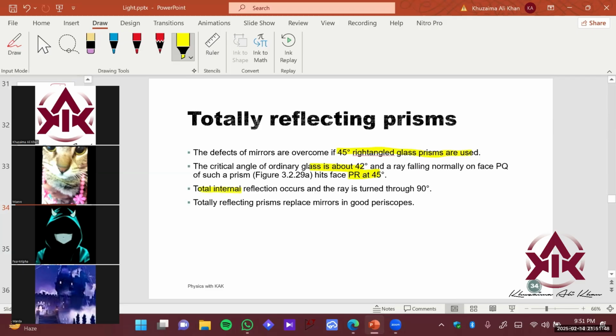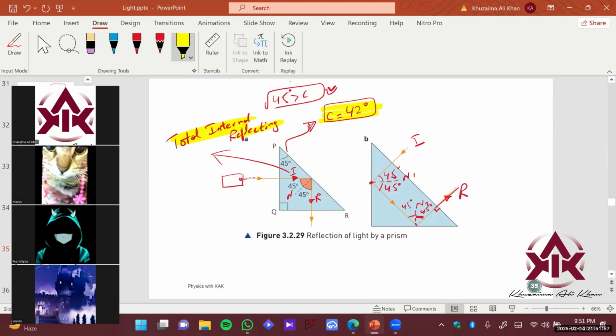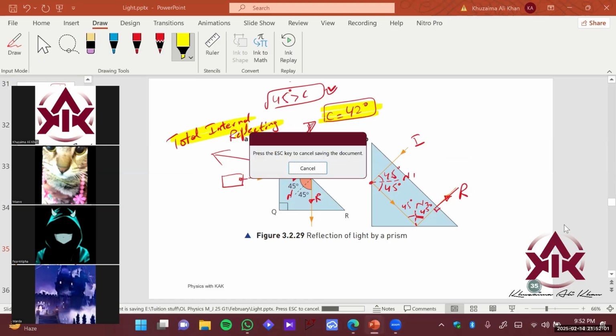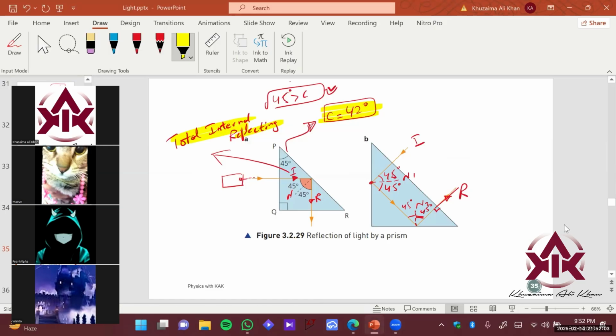So total internal reflection takes place over here, and it can replace the mirrors used in periscopes to create more robust, better designs of periscopes, right? They automatically create the 90-degree patterns inside the periscope. So in periscopes you are actually using this. Okay, if you want to create a periscope using plane mirrors for your own science DIY project, you can also use that.